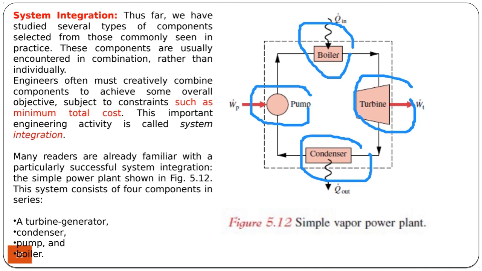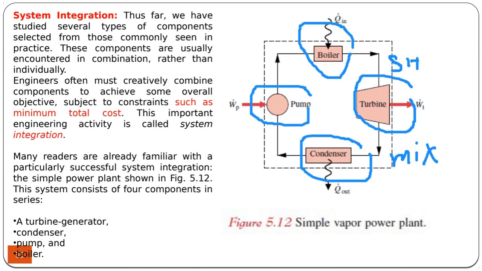The steam leaves the boiler, enters the turbine, and as it expands through the turbine, it delivers work. At the exit of the turbine, because it has expanded, it has a much lower pressure than the inlet, but also, even though at the inlet it's superheated, at the exit it's a mixture.